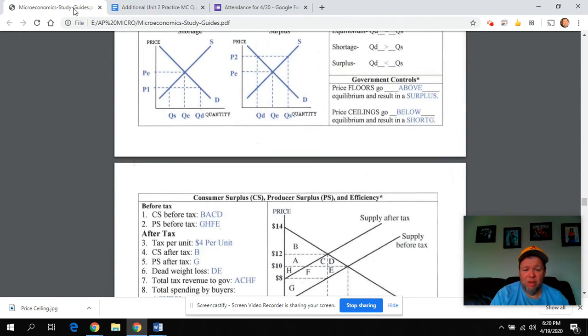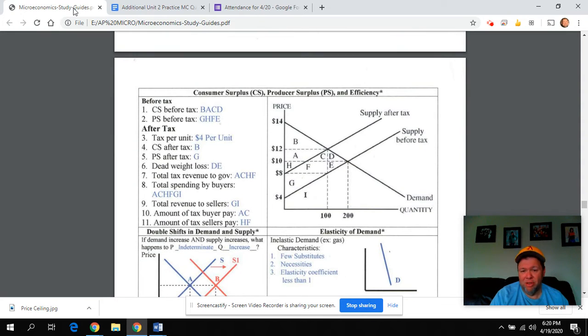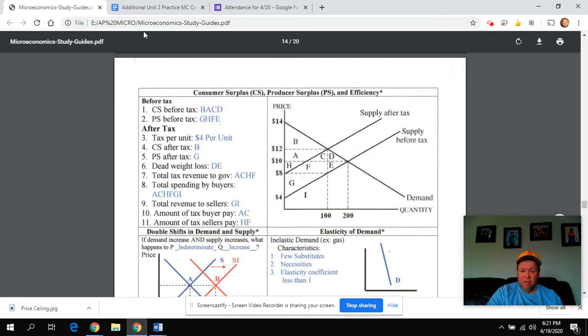So remember, consumer surplus is what consumers were willing to pay, but we got it at a lower price. So the consumer surplus is money that consumers were willing to spend that they didn't have to. Producer surplus. So on this graph here, $10 was the equilibrium price before the taxes. So there were producers that were going to be willing to sell their product for less than $10.